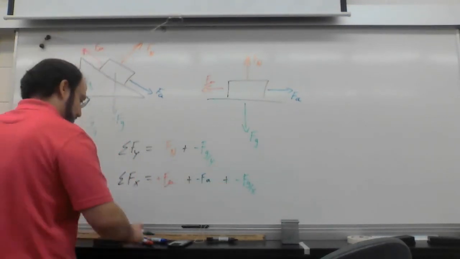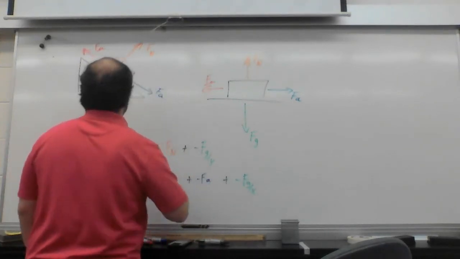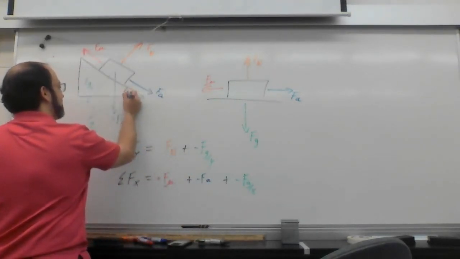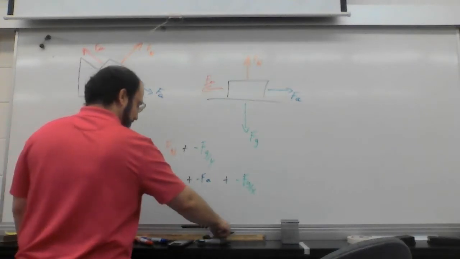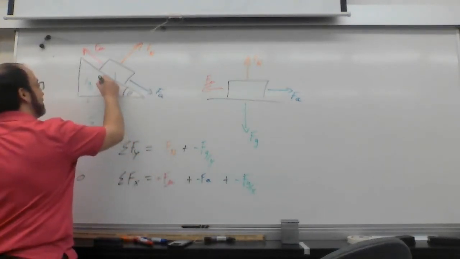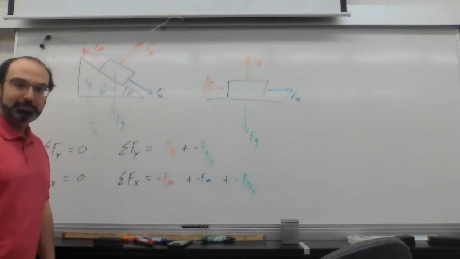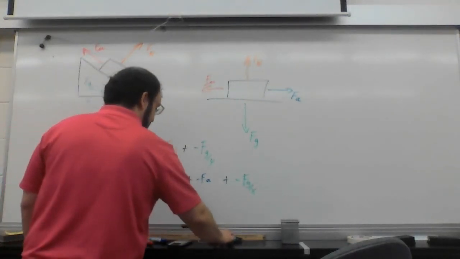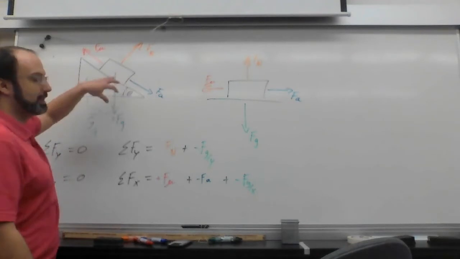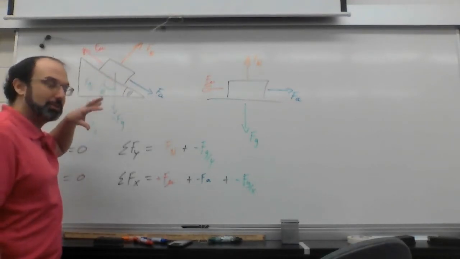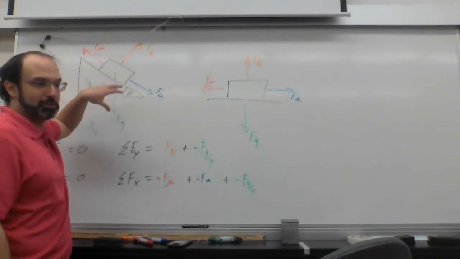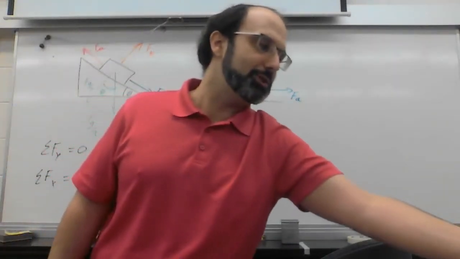The last thing to sort of throw out here is that we kind of need an angle in order to do this. Well, this angle here is the same as this angle here. So whatever the angle of the inclined plane is, that is also the angle of the force of gravity vector. And that's just because of the nature of how angles work.